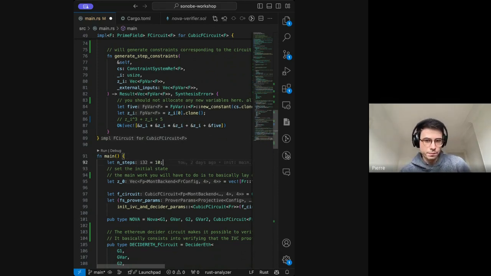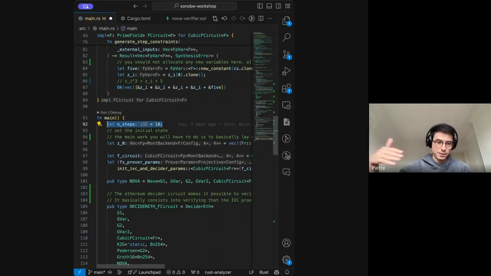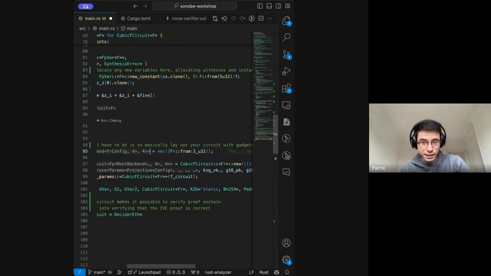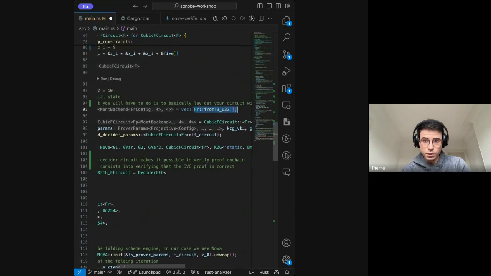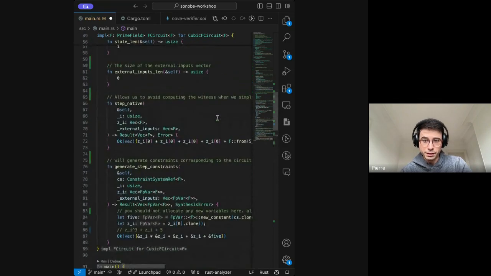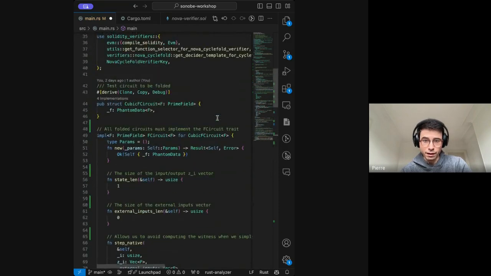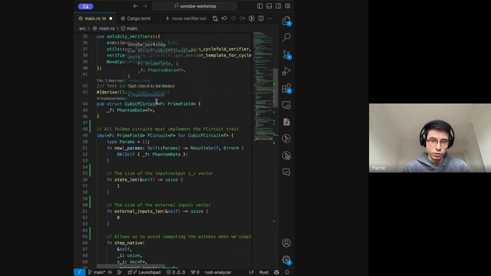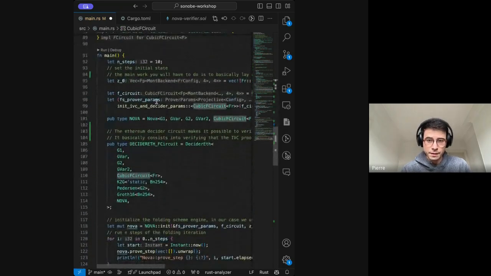So here in the main function, we will specify the number of steps that we want the IVC to run with. We start with the initial state, which will be Z0. So we define it to be 3. We also have our CubicFCircuit that will run. It's just a simple struct that we have here.